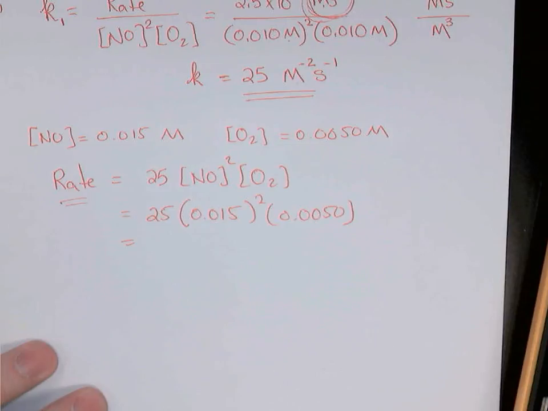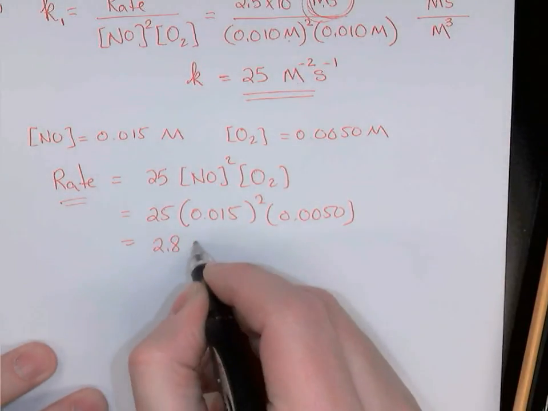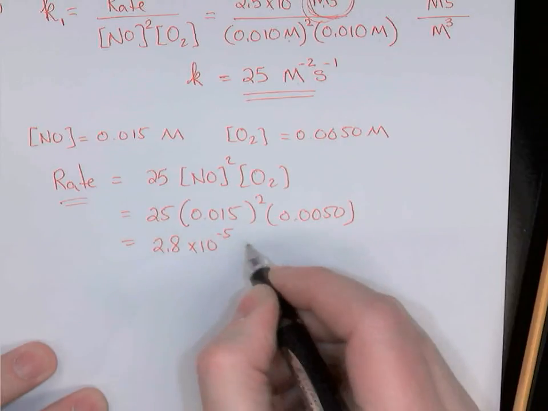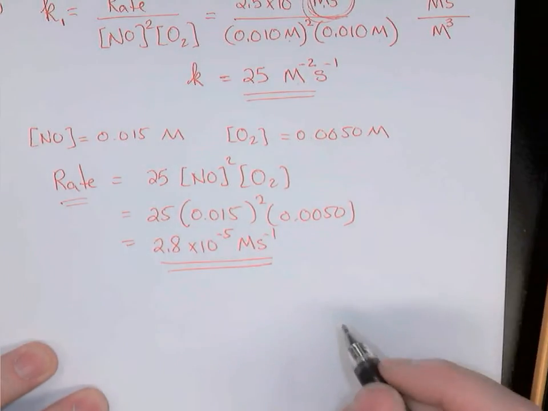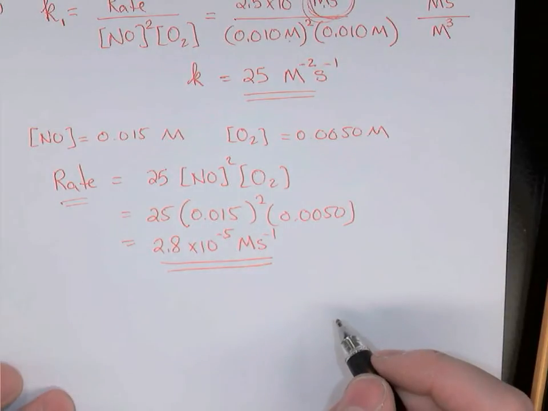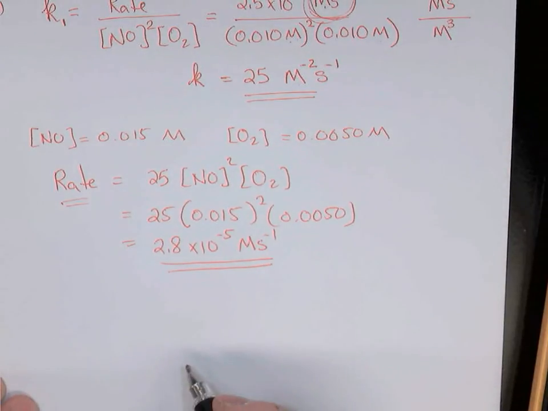So with your calculator, 25 times 0.015 squared times 0.005, I get 2.8 times 10 to the minus 5 molarity per second. Those are the units for the rate. It's the same units that were in the data table, moles per liter per second.